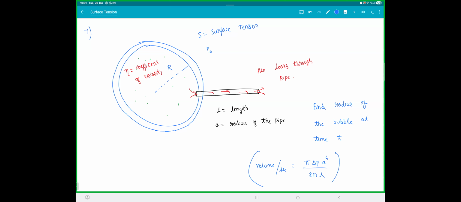Now, because the soap bubble will have more pressure than outside, the air will start going out. If the air goes out, the radius will change.